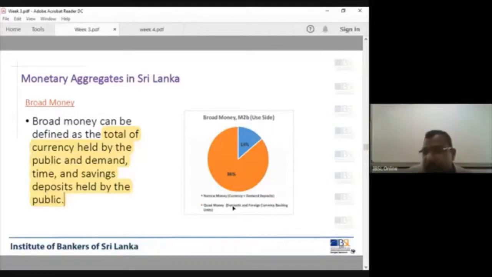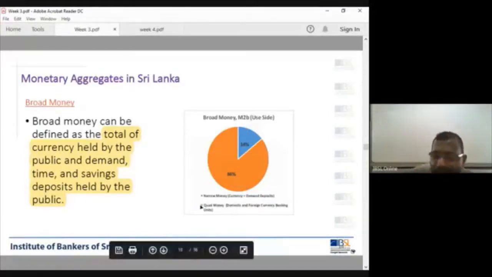In M2, we only have domestic banks, but we have expanded the definition to M2B. So in M2B, we have both commercial bank demand deposits, time deposits, time means what? Fixed deposits. And savings deposits, which are operated by the domestic banking unit and the foreign banking unit.